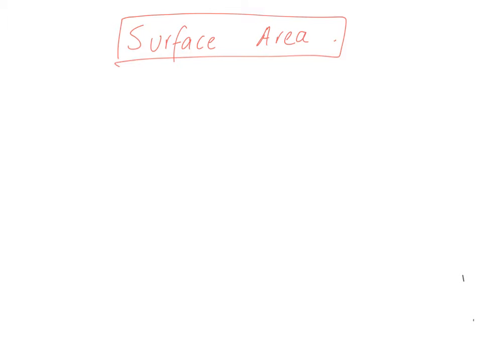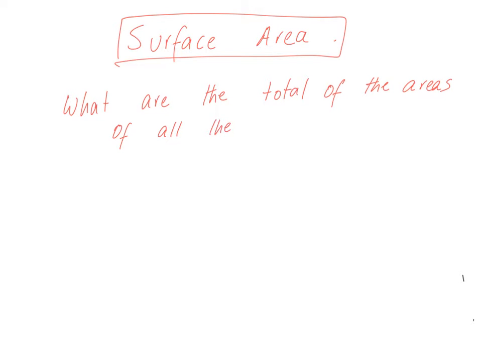What they're just saying is, what is the total of the areas of all the surfaces? This is what they're asking you. So you find each area for each surface and you just add it.